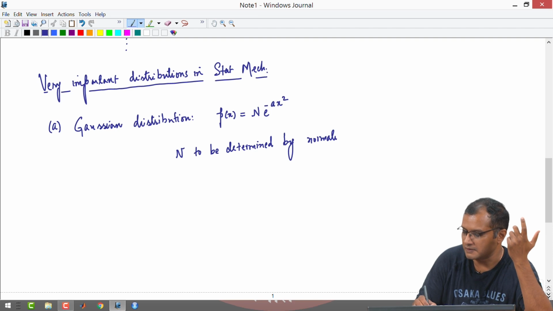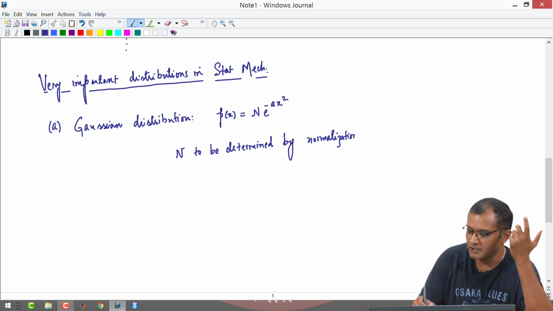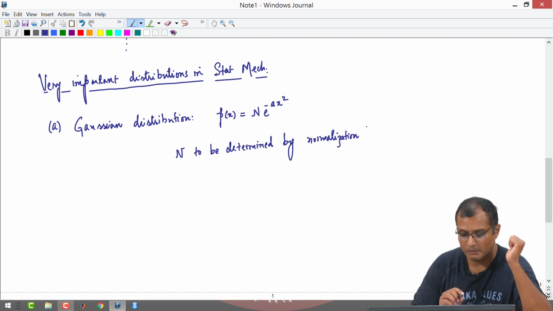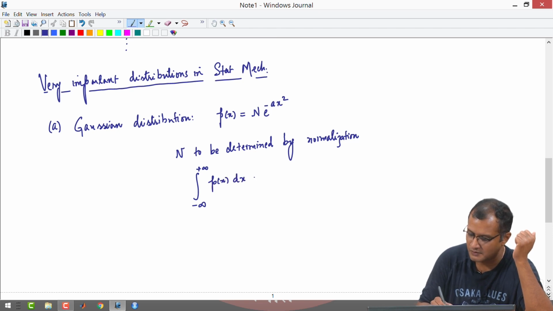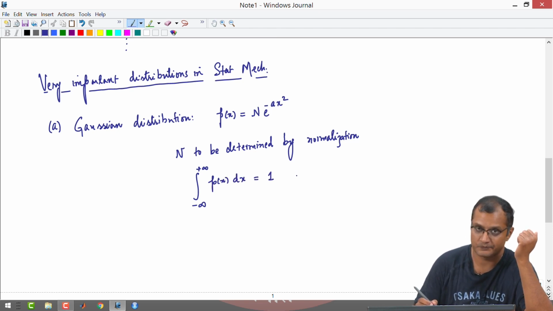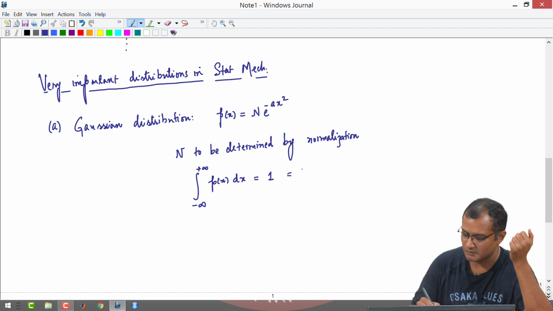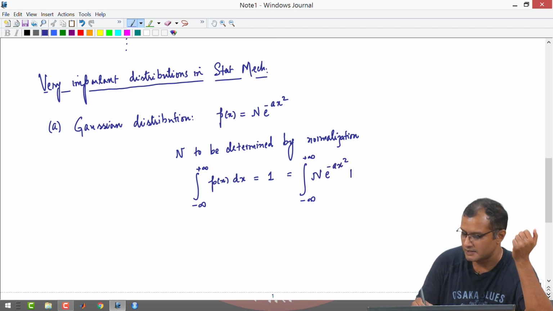okay. It is a very important condition on any PDF that it should be normalized. So, our normalization condition is the integral of p of x dx should be equal to unity, okay. So, the left hand side is nothing but the integral of n e raised to minus a x square dx.